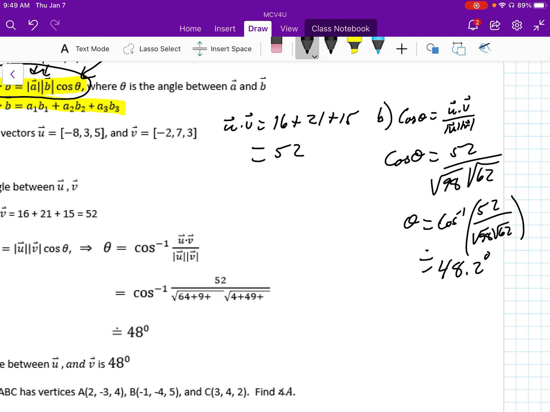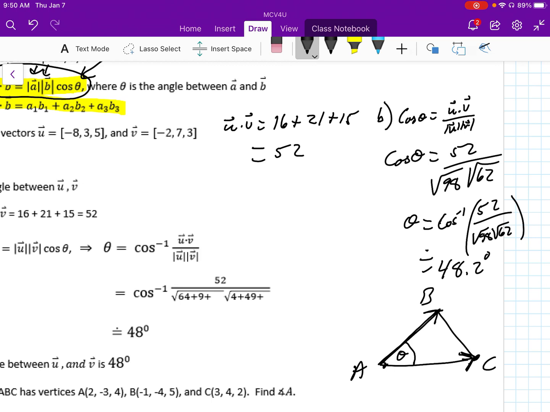So if you've got your A, B, and C, and you're trying to find the angle A, let's just draw it out. We'll just assume that A, B, and C look like this right here. Here's what we have to remember. If we are looking for angle A, which we are here, that means to use the dot product, we have to set up our vectors to be tail to tail.